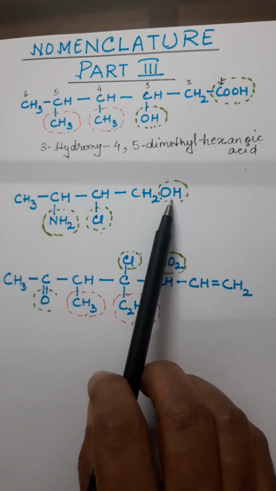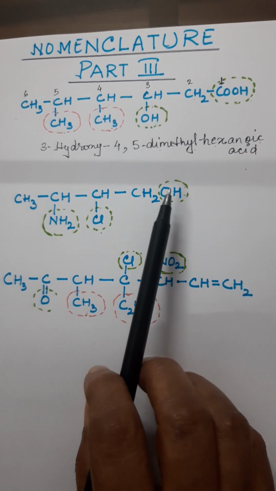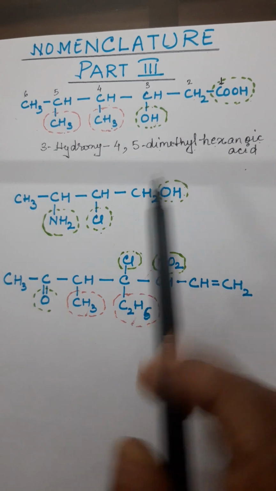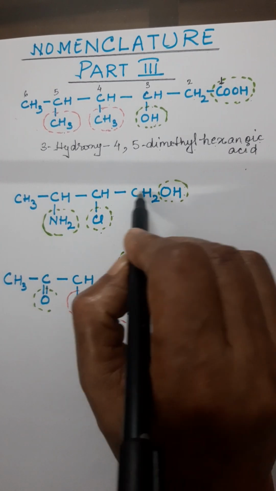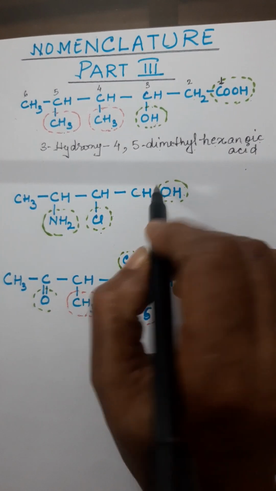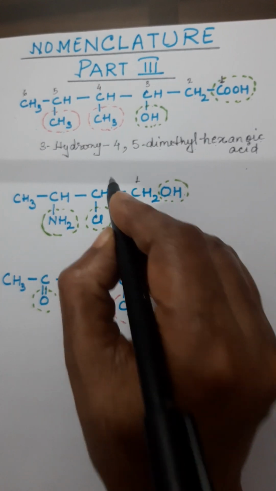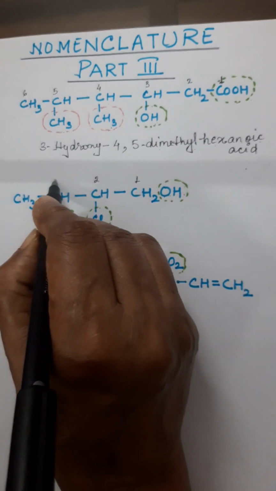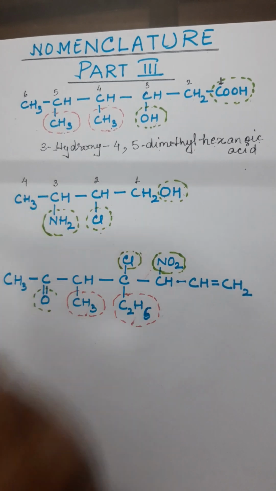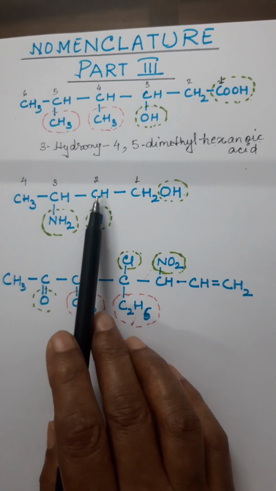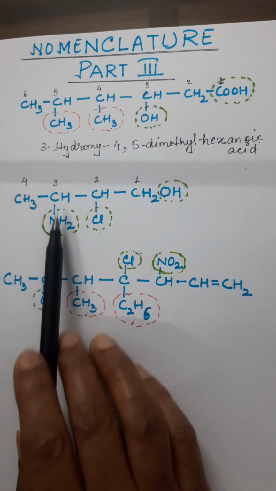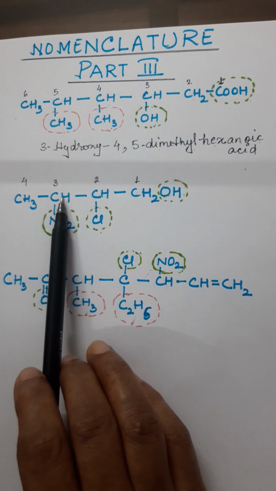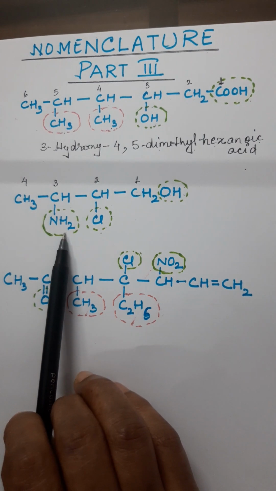So while numbering, remember to give this the lower number. In this way, the carbon atom attached to the OH will be numbered 1. Then this is 2, this is 3 and this is 4. So where are the branches? The branches are at 2 and at 3. Now the third one is called amino.